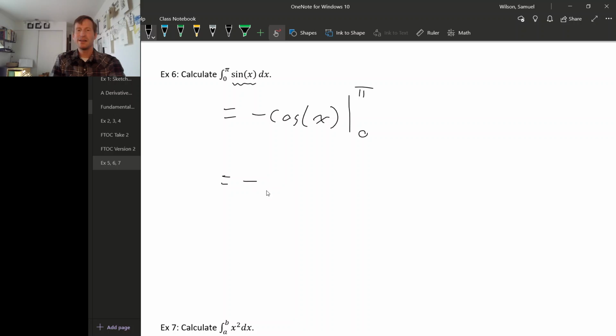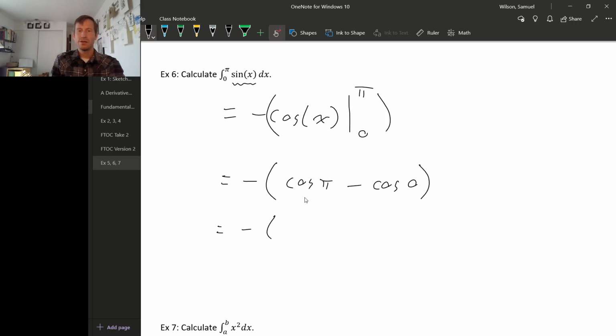One nice trick involving this bar notation is that constant multiples you can actually leave outside of the bar if you want. It's the same either way, but it's less writing to leave it on the outside. So negative cosine of pi minus cosine of 0.